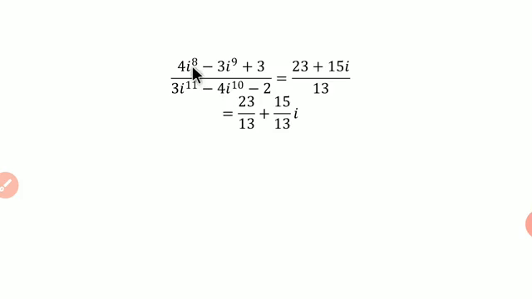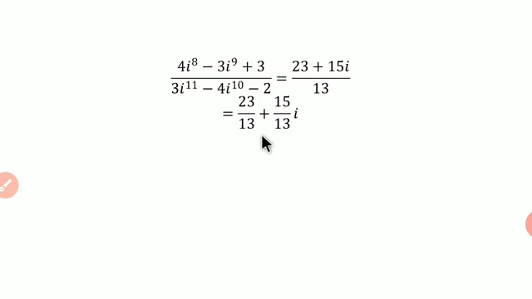And therefore, the value of the given expression, 4i raised to 8 minus 3i raised to 9 plus 3 divided by 3i raised to 11 minus 4i raised to 10 minus 2, is equal to 23 plus 15i upon 13. If we separate the terms, it is equal to 23 upon 13 plus 15 upon 13 i.